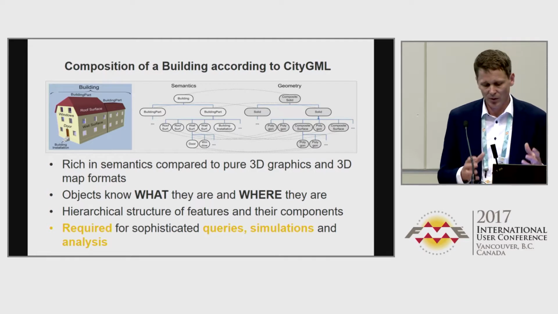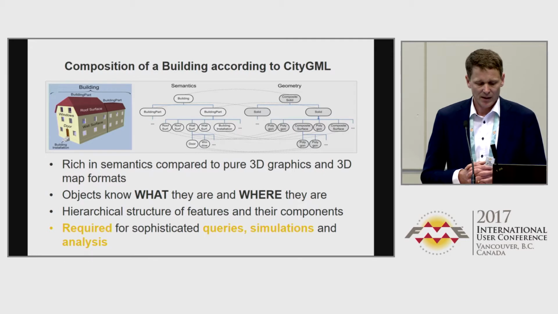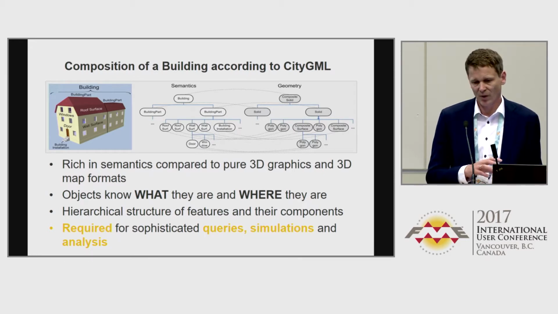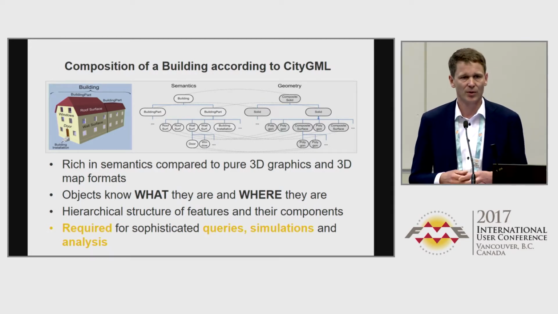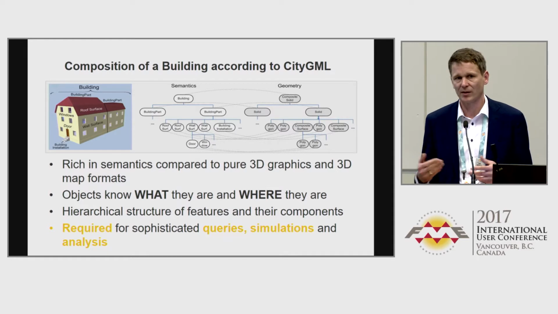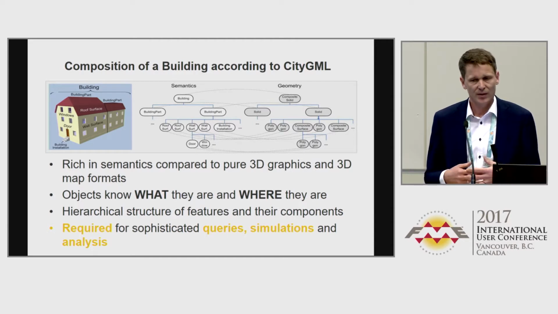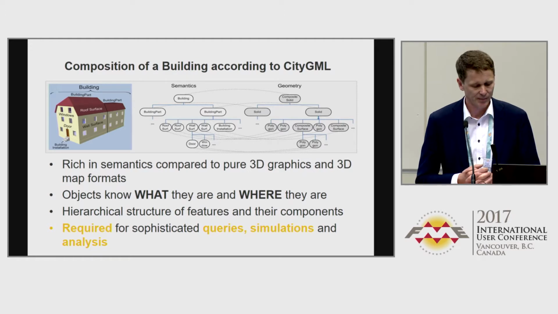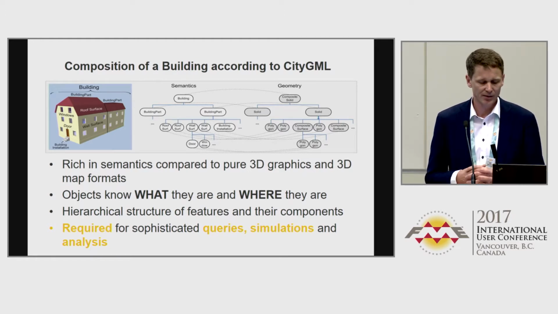You store all these geometries and connect them with the semantics, so that you have a spatial semantic coherence in the model, which allows you, of course, to really query your model. You can ask how many windows are in one wall surface or in the whole building. These advanced queries that you can do, we think this is the power of CityGML. This is really what makes the difference to pure 3D graphic models.